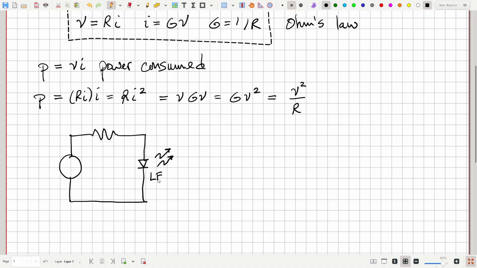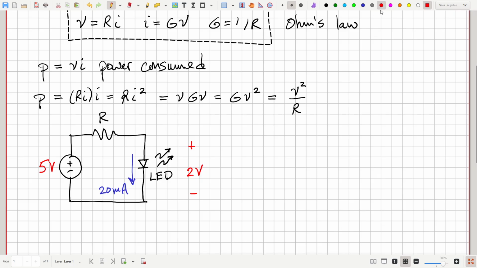This is an LED, voltage source, and a resistance R. Suppose we're told that the LED, when it's emitting light, has a voltage drop of 2 volts. Our source voltage is 5 volts, and we want to have 20 milliamps of current flowing through the LED. Then our question is, what is the resistance that's required to limit the current in this circuit to 20 milliamps?